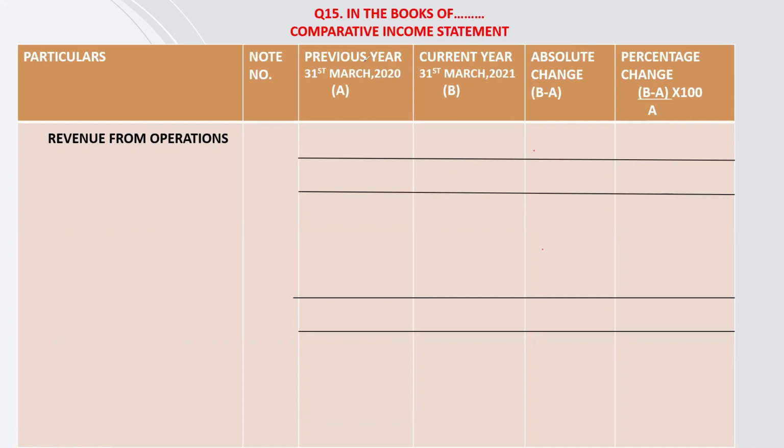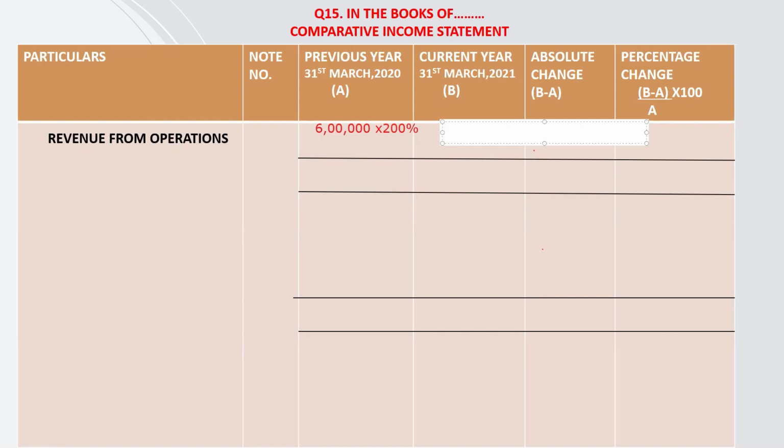See, we are given cost of material for the previous year, rupees 6 lakh, and it is saying that revenue from operations is 200% of this cost of material. So we will get an amount of rupees 12 lakh as our previous year revenue from operations.